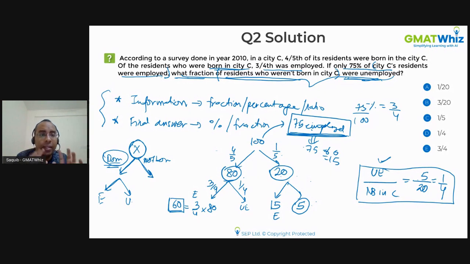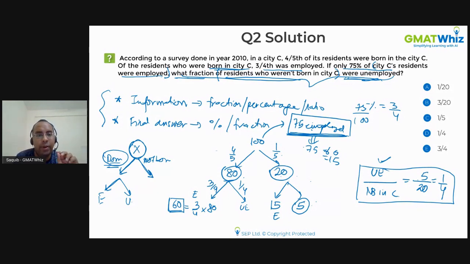So like for example, in this question, we are saying what fraction of residents were born in city C, right? What fraction of residents? So you should be able to translate this properly. Okay, I'm looking for a fraction. I'm looking at with respect to the people who are not born in city C, and out of those people who are not born in city C, I'm looking for people who are unemployed.